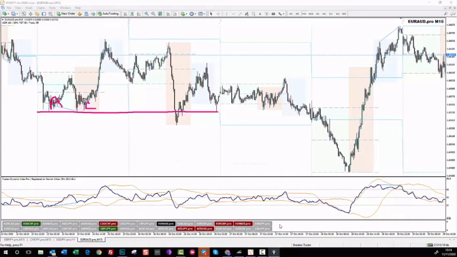Okay, so price pulled up in New York, came back, consolidated in Asia. We had a lovely stop hunt of the Asian highs here. Price came down, took out anybody that on this move here had taken a long. They would have had their stops underneath these lows here. Came down, took out those stops, back off in the other direction.